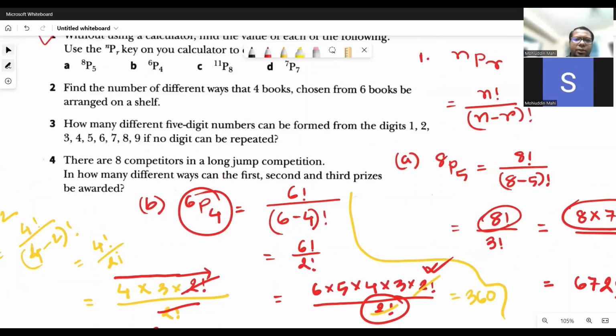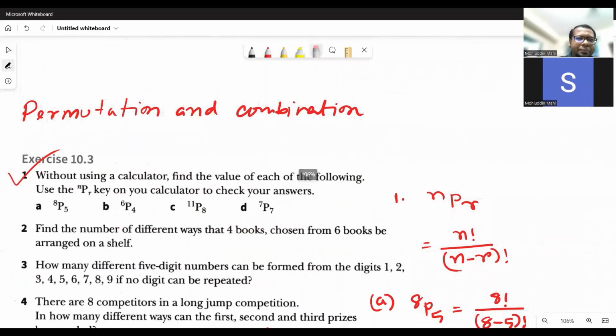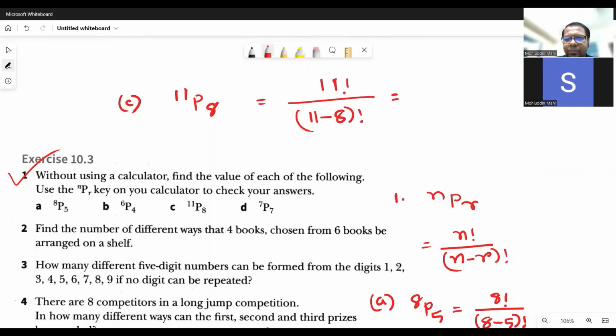Let's do the C and D. So 11 factorial divided by 11 minus 8 factorial, which is 3 factorial.